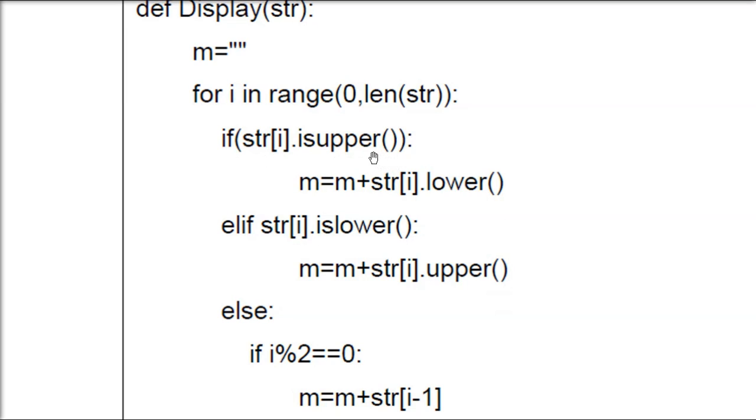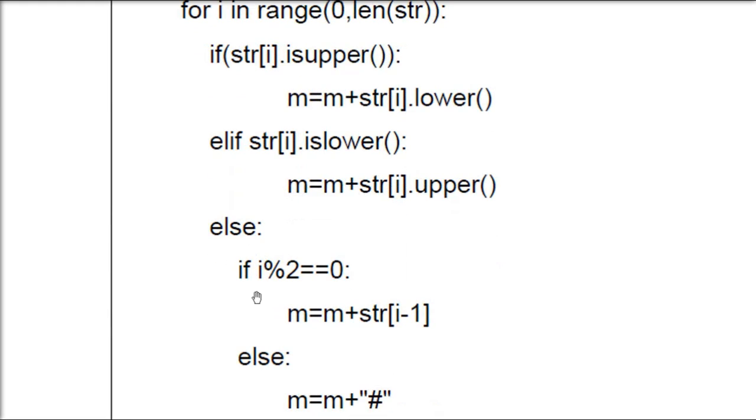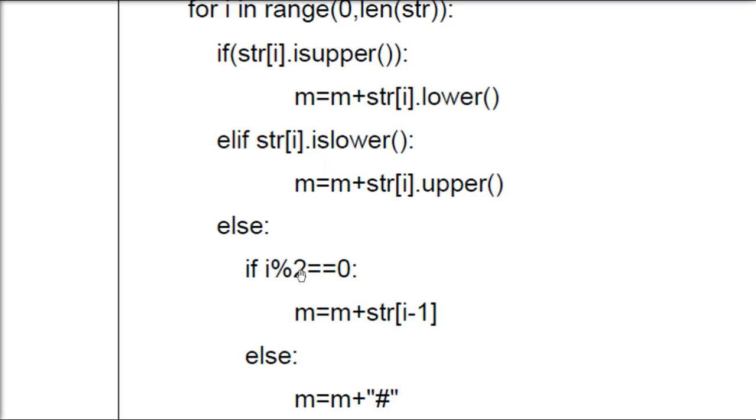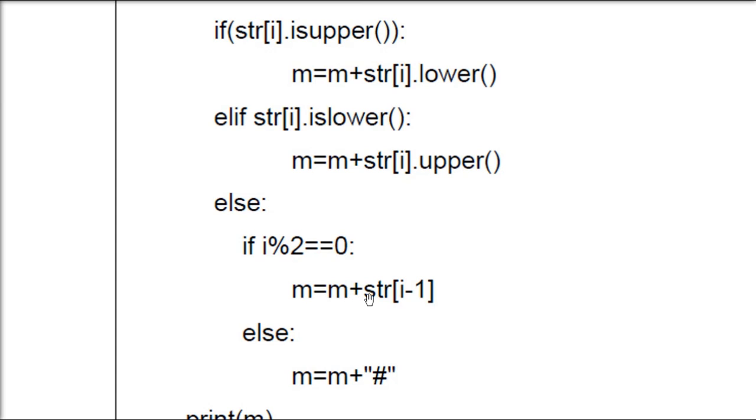If the character is uppercase, you will convert it into lowercase and add it to the empty string. Then if the character is lowercase, you will make it uppercase and add it to the string. Then if the index modulo 2, we'll just talk about the index, if the index modulo 2, that is, it is even, then you will see m plus str[i minus 1].